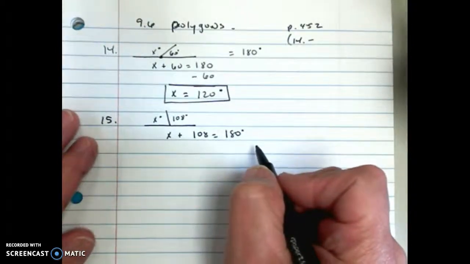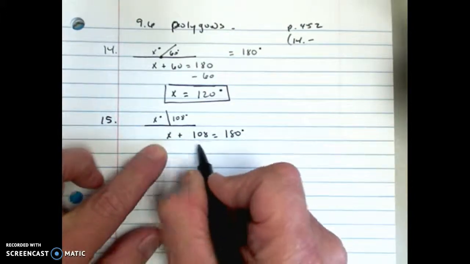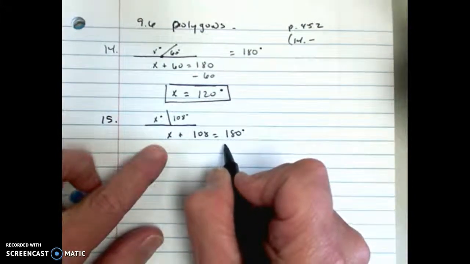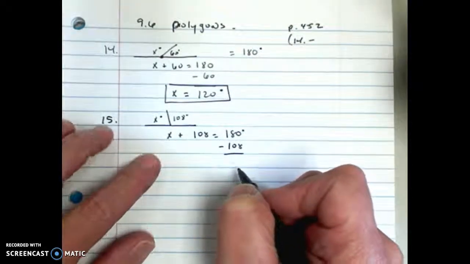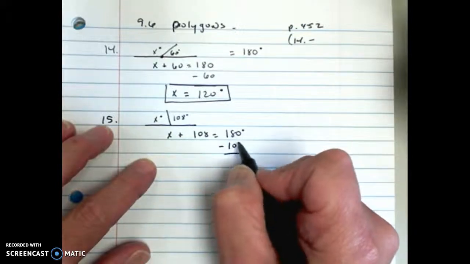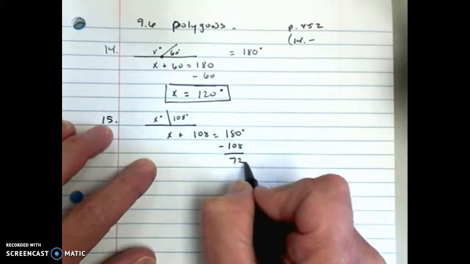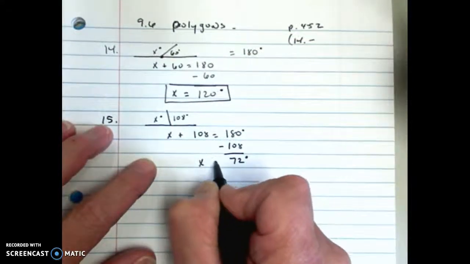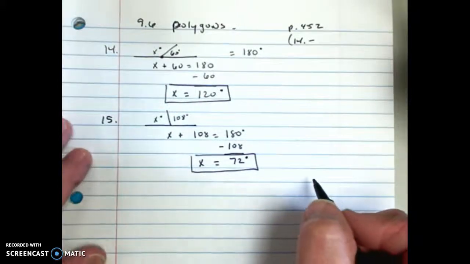Again, to find the missing number in an addition problem, we subtract, and we get 72 degrees. So x in this case is equal to 72 degrees.